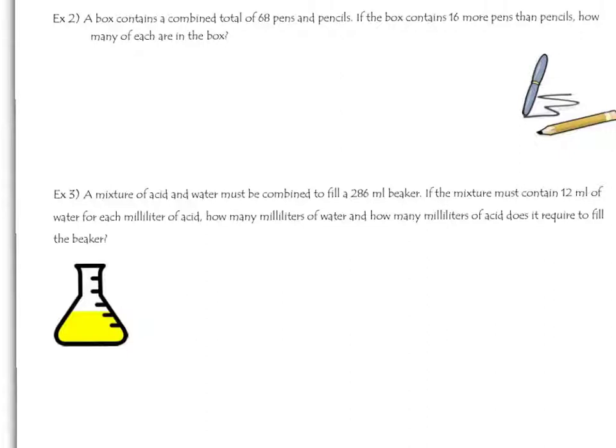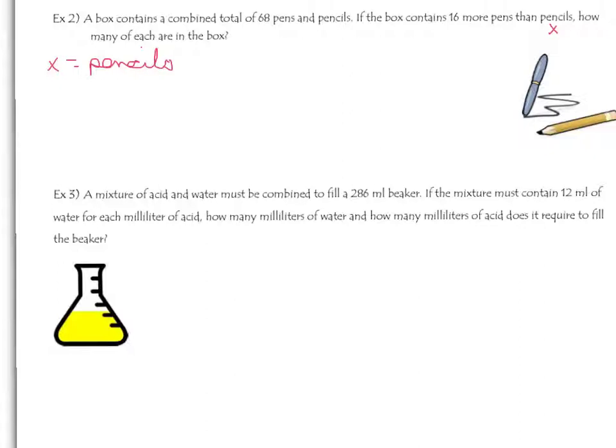We need to define a variable, so we're going to have x be the variable pencils. So we're going to say x equals pencils, so we won't forget at the end of the problem what our answer represents.